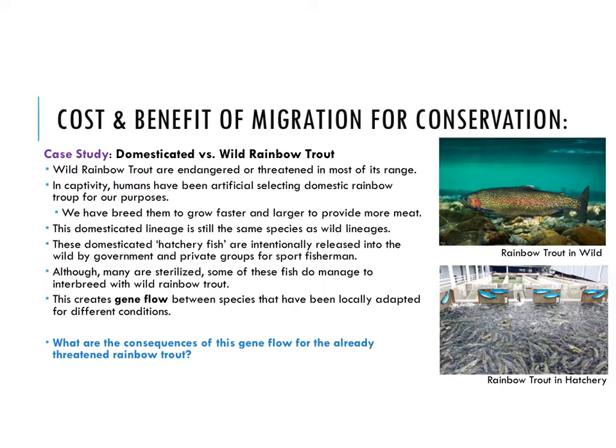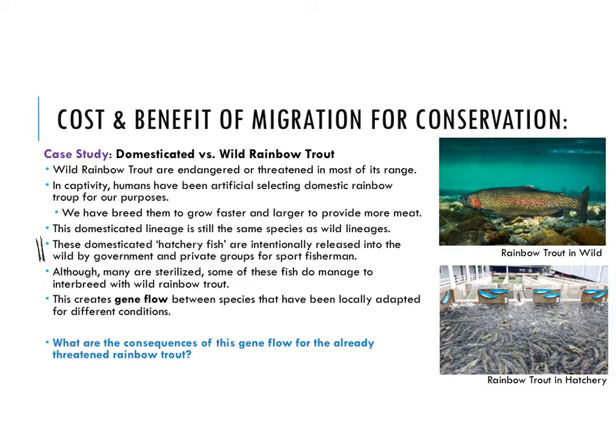And in this case, it's not a matter of escaping into the population. Humans actually intentionally release trout, domestic hatchery fish is one of the ways we say it, into the wild for sports fishermen, so for sport, or for the fisheries industry if we're talking about salmon. It's pretty common for this to happen, and for other species beyond rainbow trout.